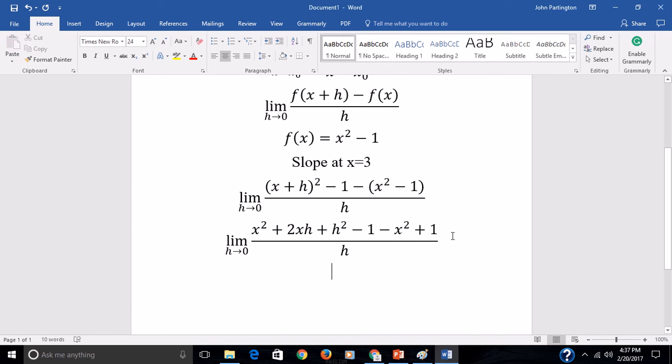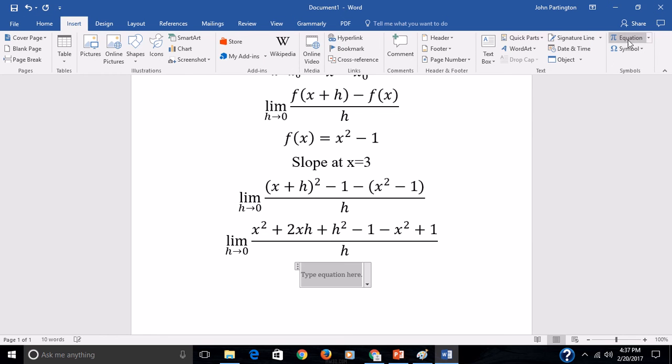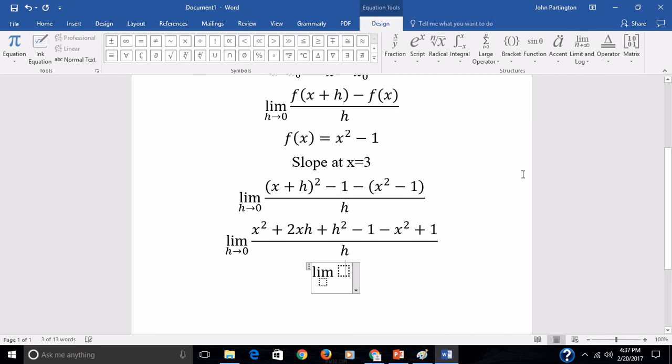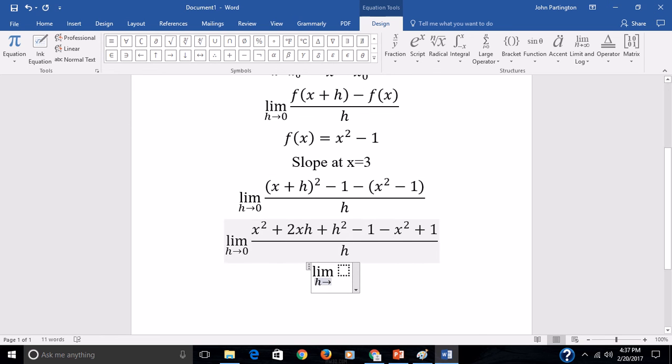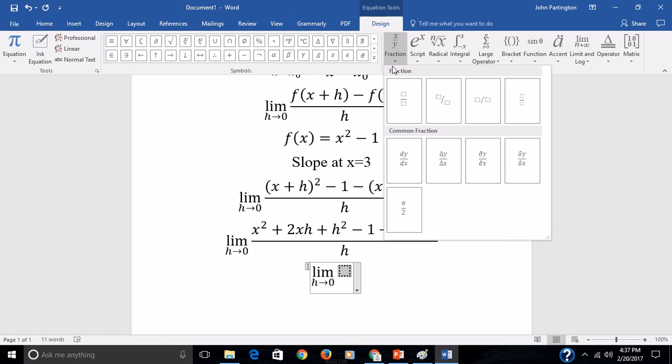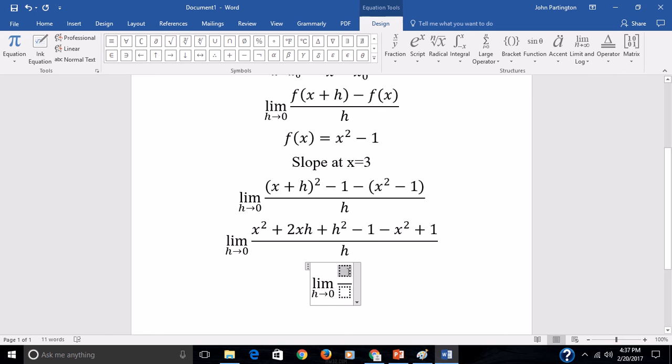So let's see here. Okay, so we're going to insert our equation once again. We're going to have limit as h goes to 0 of. That's going to be a little bit nicer looking.